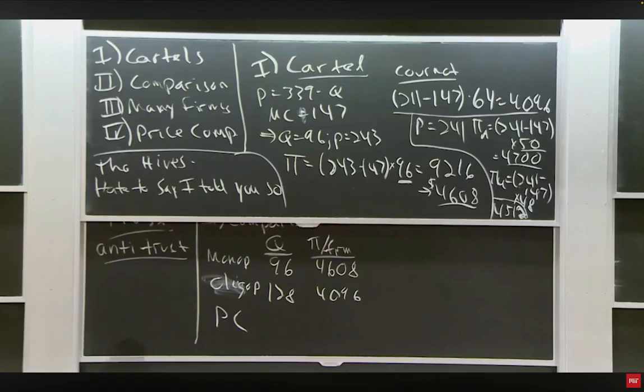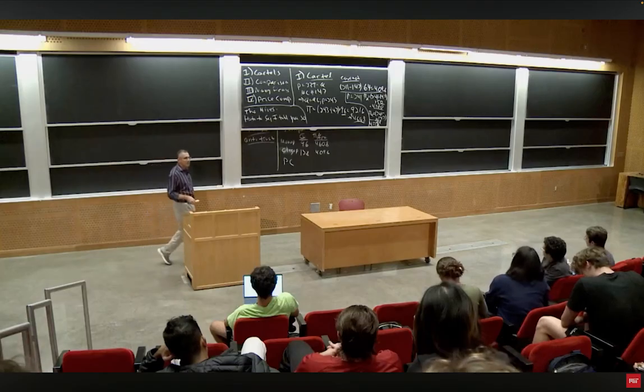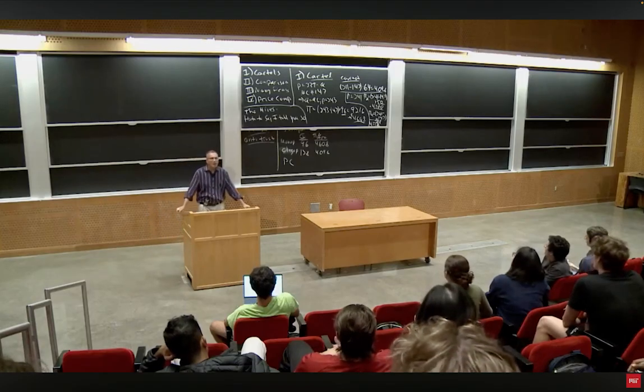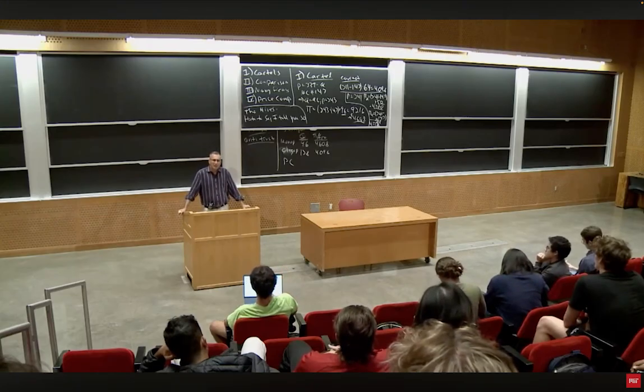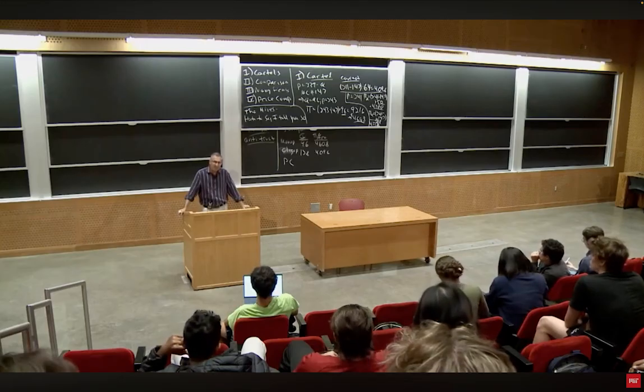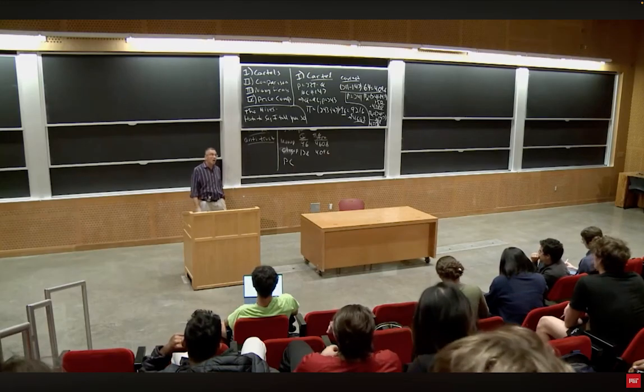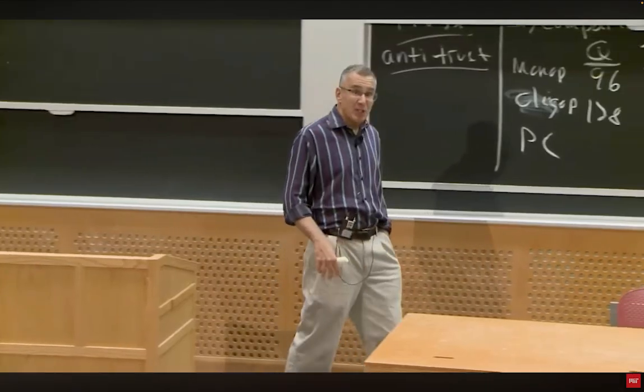What about perfect competition? What is the quantity sold in this market in perfect competition? Everything you need to answer that question is at the very top of the top board. What is the quantity sold in this market in perfect competition? 192, and how'd you get that? Right, price equals marginal cost is the key condition for perfect competition. Good answer.